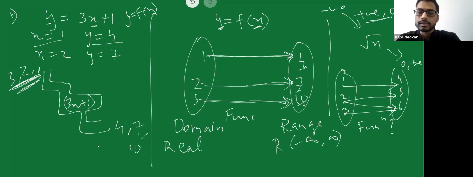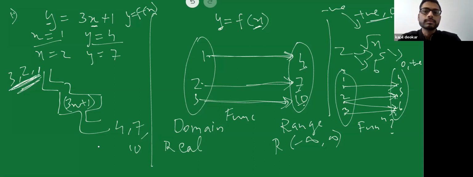Let's check. If I'm putting 1 into my machine, I'm getting 4 as my output. But if I'm putting 2 into my machine, I'm getting 2 outputs, 5 and 6. So the output is not in my hands. Output can be 5 or 6. Do I want such a kind of machine where I don't know what my output is going to be?